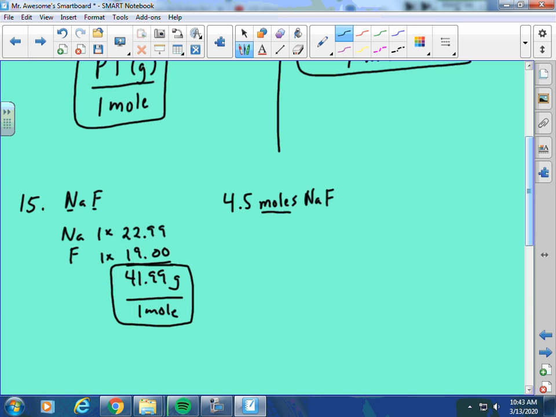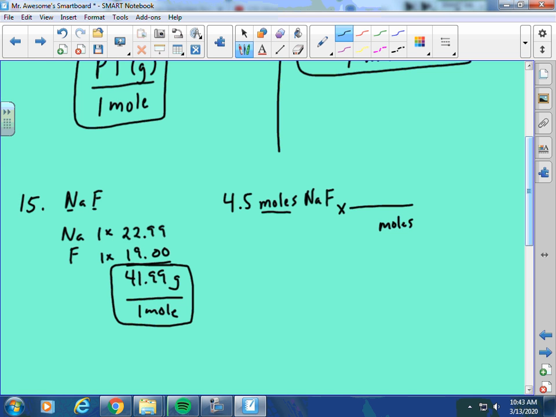The next thing I'm going to do is write my times line. The reason it's so important to write that unit in your start is because that tells you what to put under the line. So now I'm just going to plug in my tool.